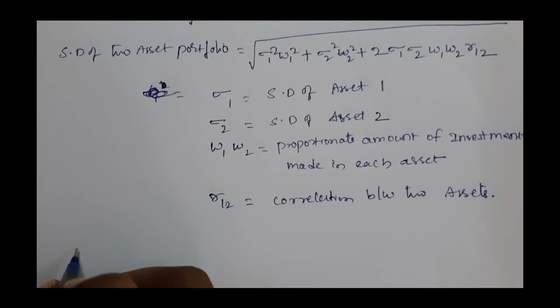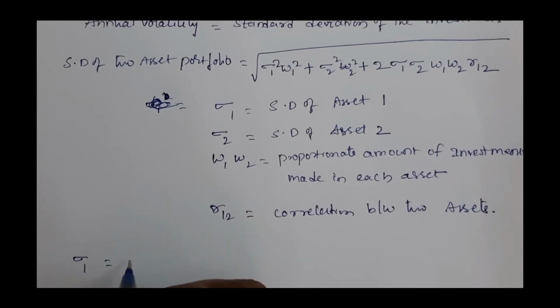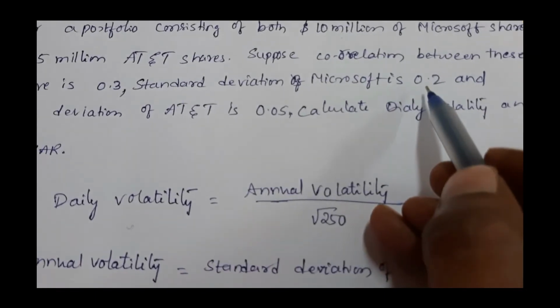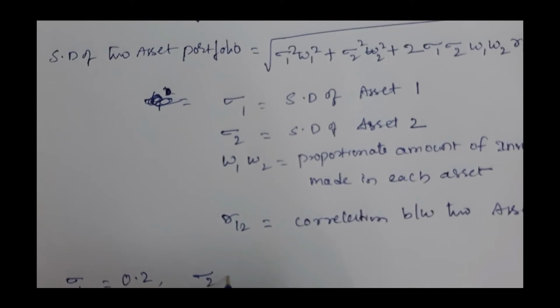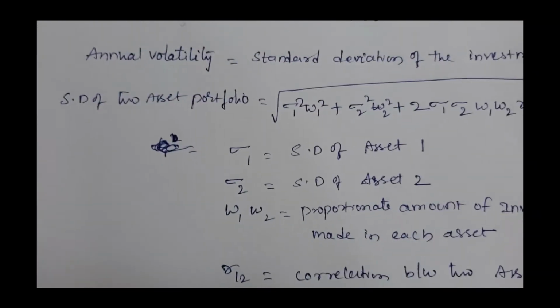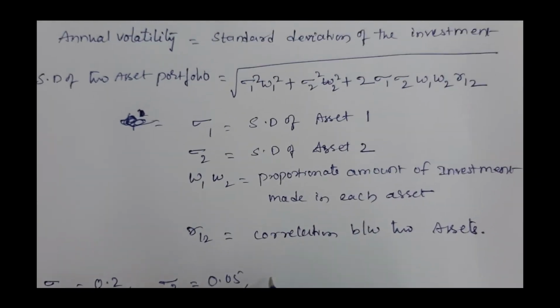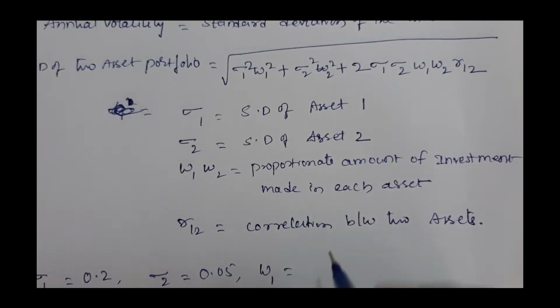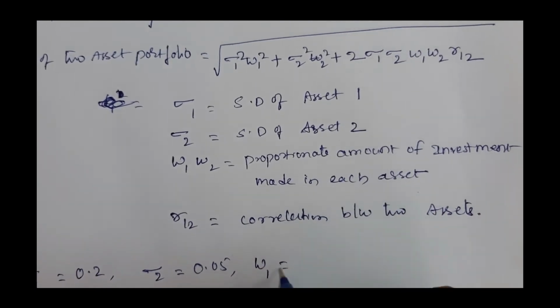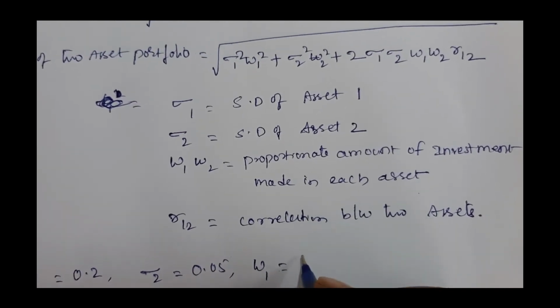Now standard deviation of Microsoft is given, 0.2. Then standard deviation of AT&T is given, 0.05. Then W1 means proportionate amount of investment made in first asset we have to take.